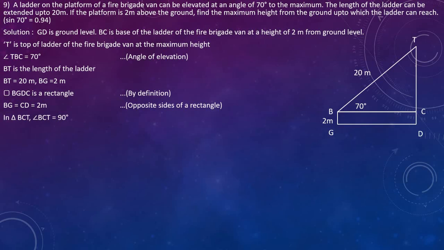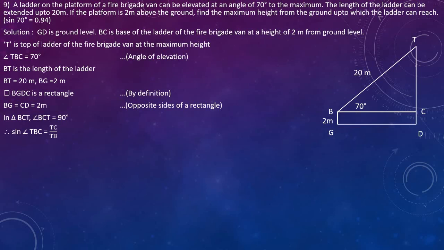Now let us consider triangle BCT. In triangle BCT, angle BCT is equal to 90 degrees. So now we have the value of the hypotenuse in this triangle BTC, which is 20 meters.